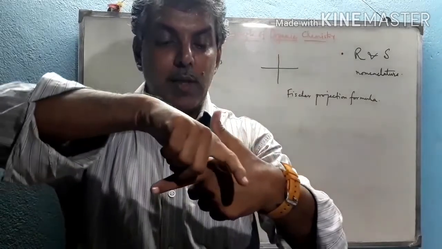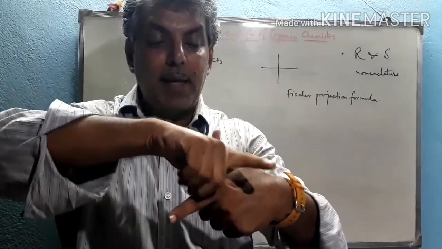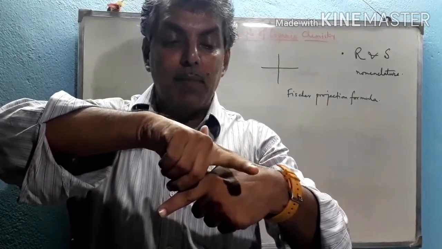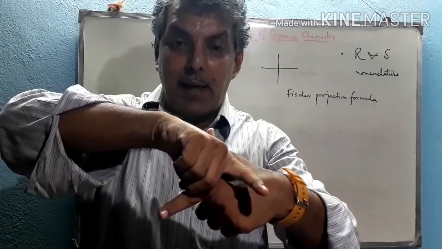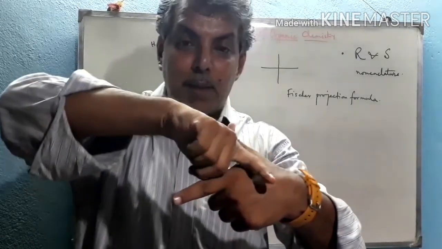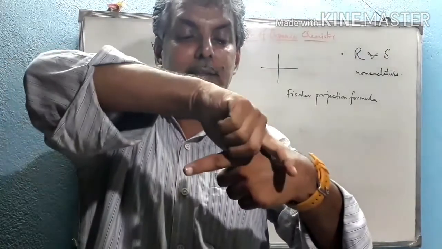My right thumb shows the bond above the plane, and the fingers are directed towards the back side of the plane, below the plane. So this is above the plane, this is below the plane. Now this is the structure, with the chiral center here.